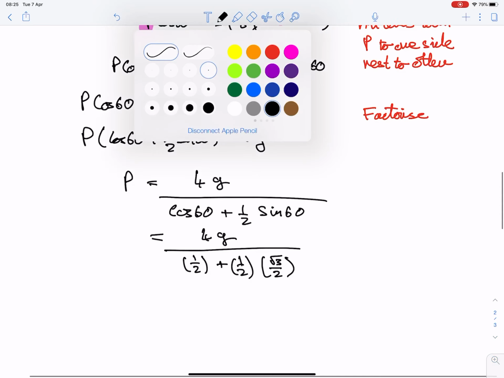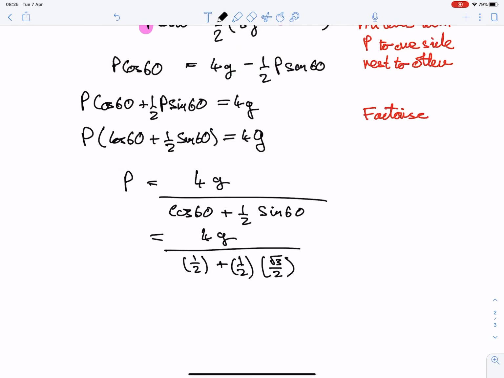We're going to get 4g over 1 plus root 3 over 2. If we multiply top and bottom by 2, that shouldn't be 4g now, that should be 8g, shouldn't it?